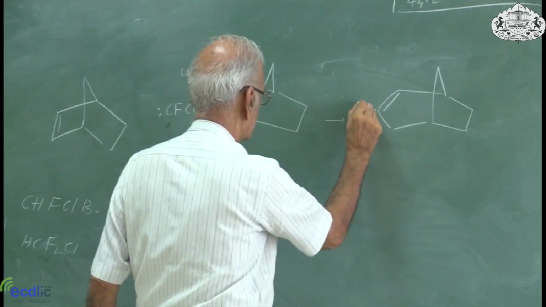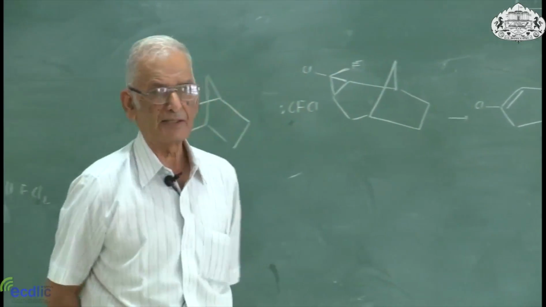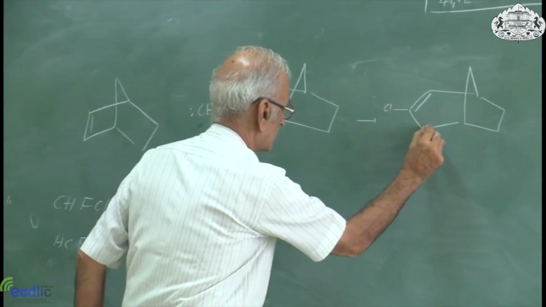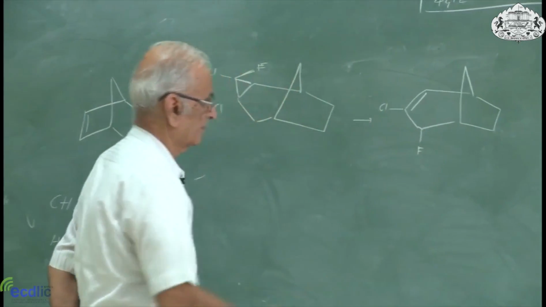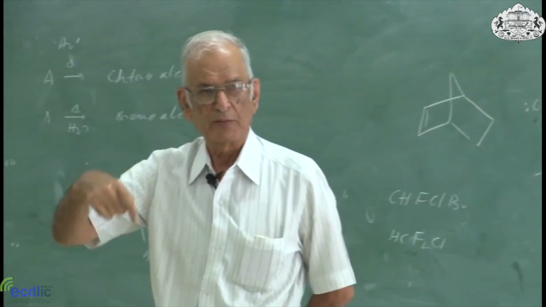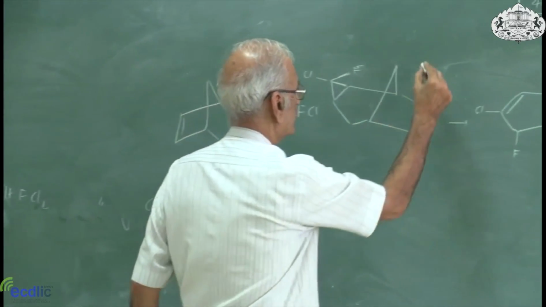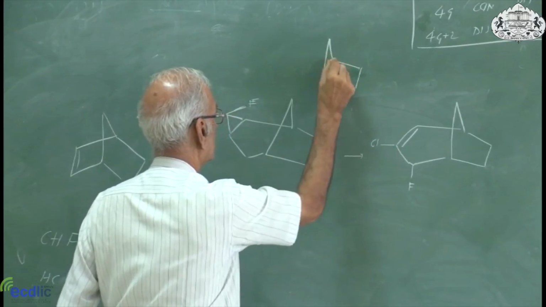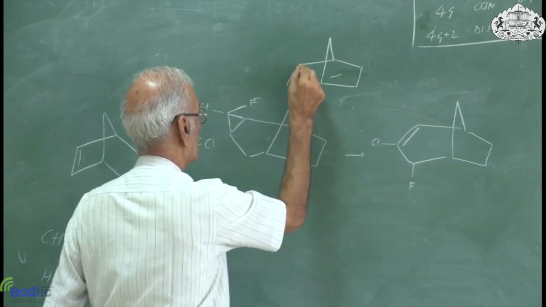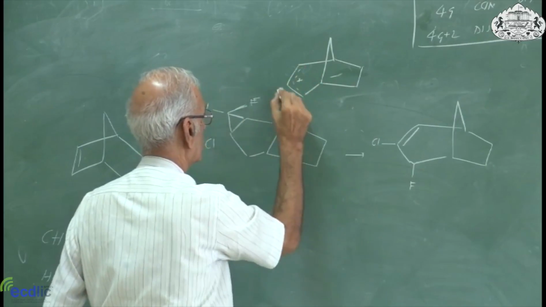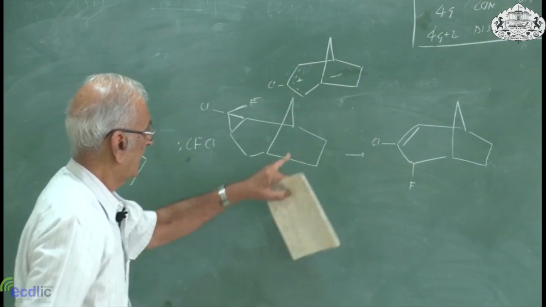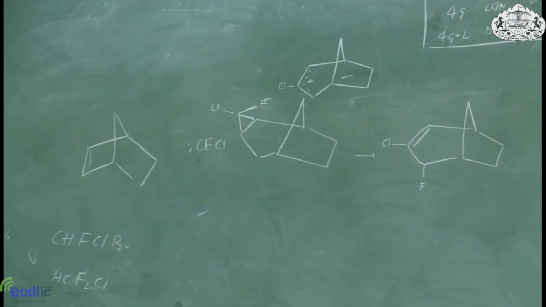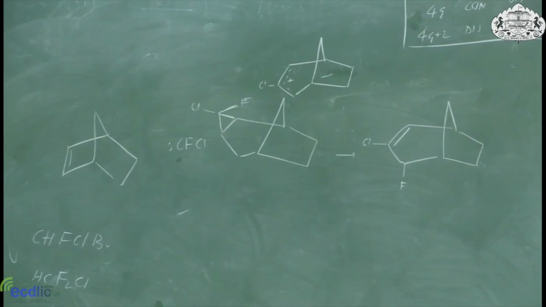Fluorine will leave, and since there is no other nucleophile, you will get this, and now F minus, which went out in first step, will act as the nucleophile.